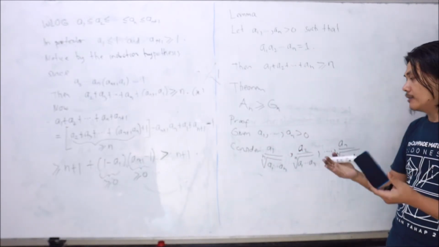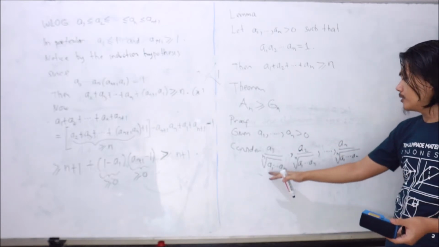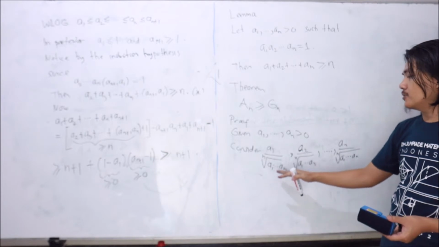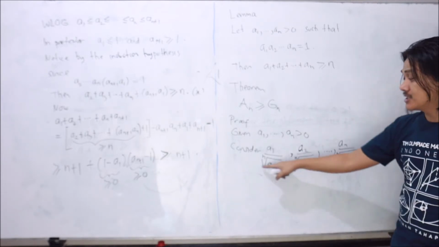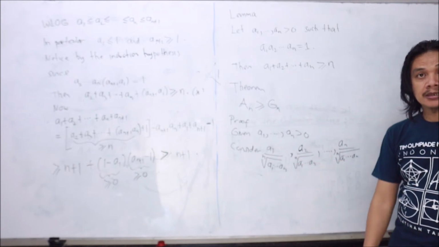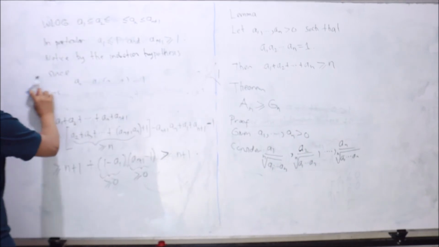So the nth root and the nth power will cancel each other. So on the bottom we also have a1 times a2 up to an. So therefore the product of these n numbers is equal to 1. Right? So therefore we can use the lemma.